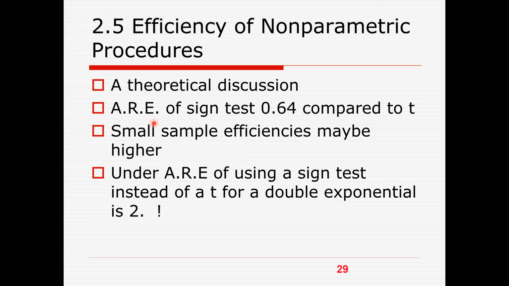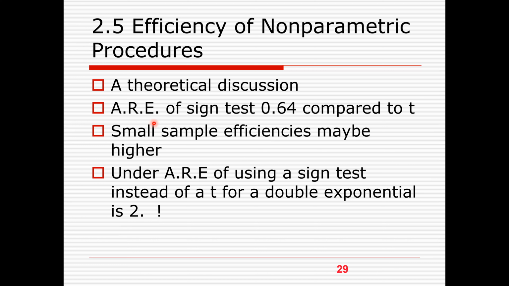So a valid t-test, which means when you use the t-test appropriately, correctly, is the most powerful test for any mean specified in the null hypothesis against any alternative hypothesis. But if our sample has a much longer tail than the normal distribution, for example, the double exponential distribution, for those long tail distributions, sometimes we don't even know what distribution it has, but it just has a long tail.